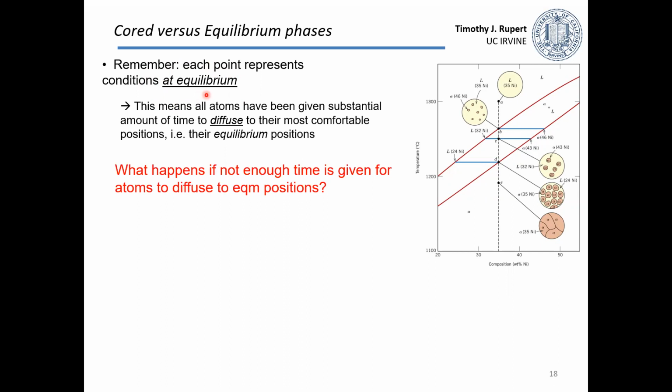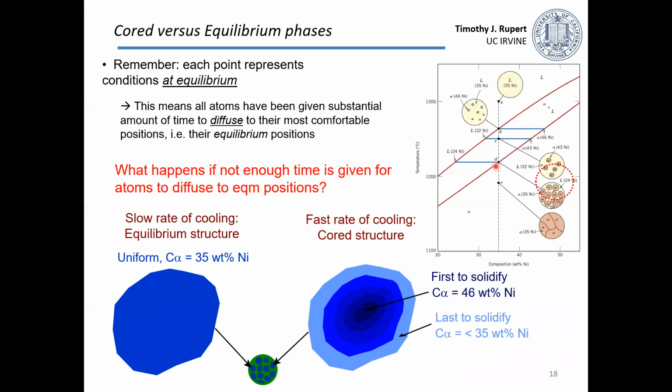For example, we'll talk about this a little bit later, but one thing that could happen is, what if you didn't give the system enough time for all the atoms to find their equilibrium positions? Let's take an example between point C and D.